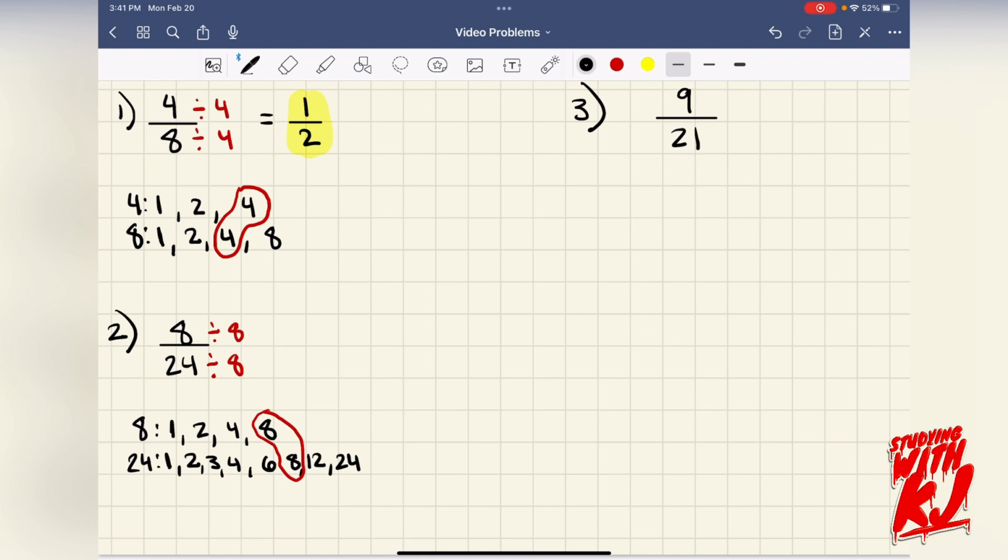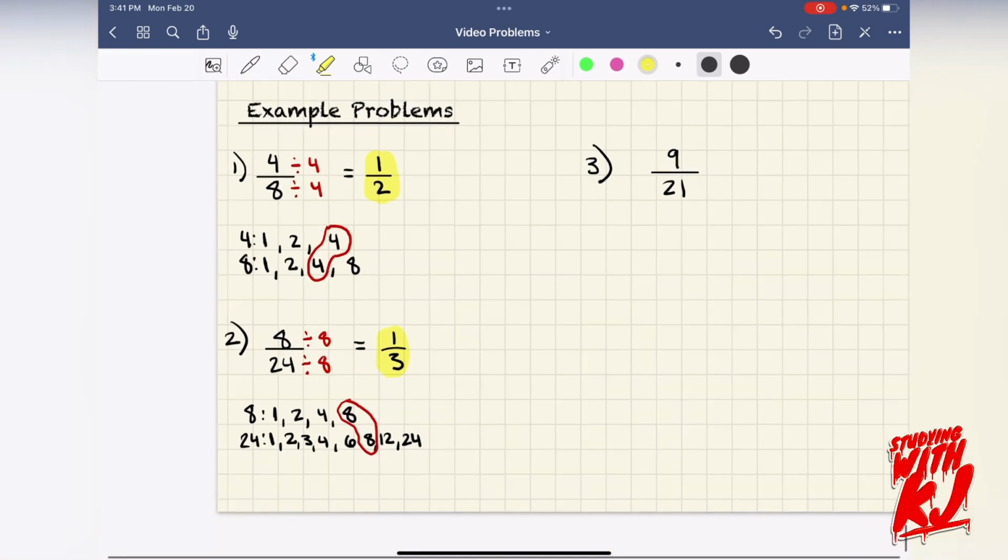When you do that, you get 1 over 3, because 8 divided by 8 is 1, and 24 divided by 8 is 3. And we know 1 over 3 is the simplest form of 8 over 24 because the greatest common factor of 1 and 3 is 1.